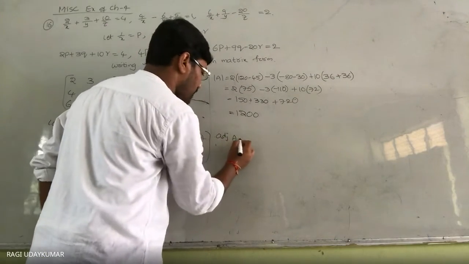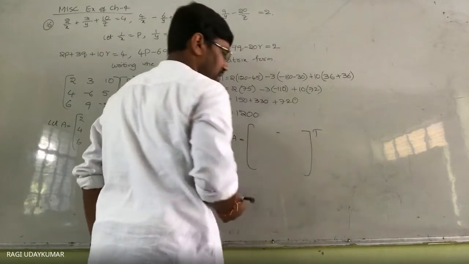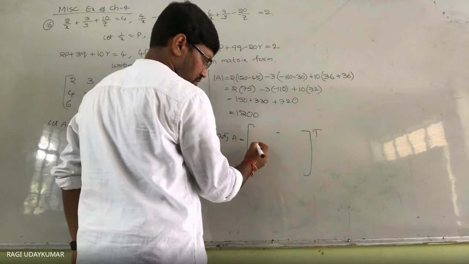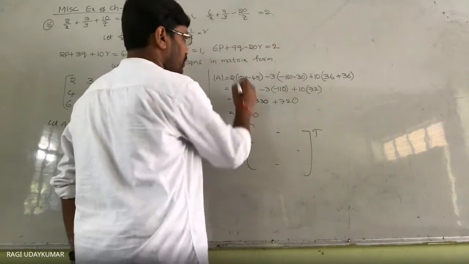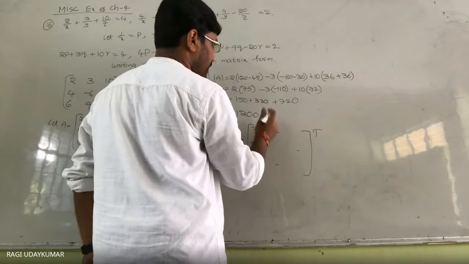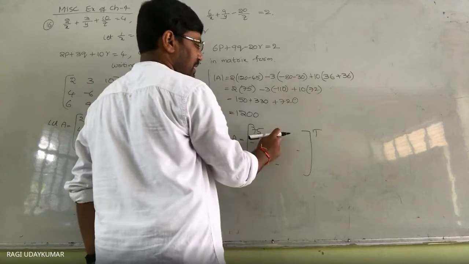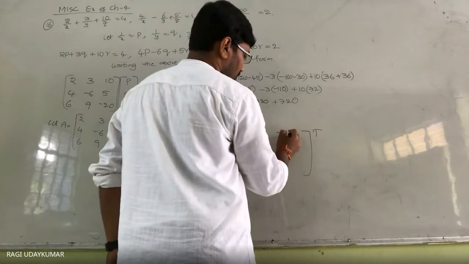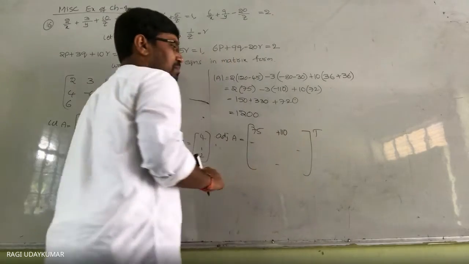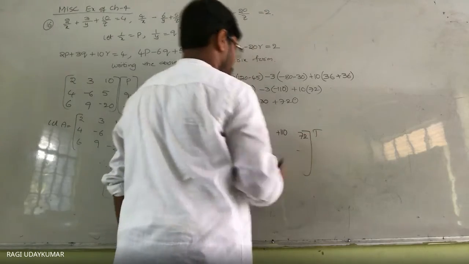Adjoint of A is equal to every element replaced with its minus, minus, minus, here minus. So here it is 75. Here ये minus इधर है तो inside minus 110 है. So minus 110 will become plus 110. And here it is 72.